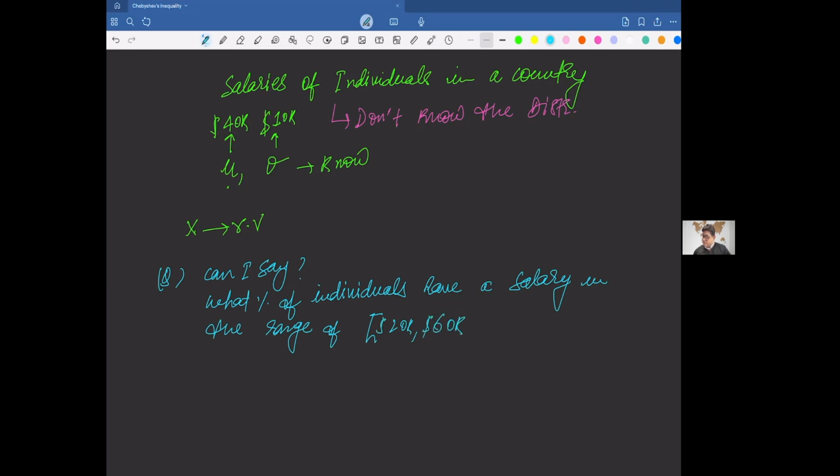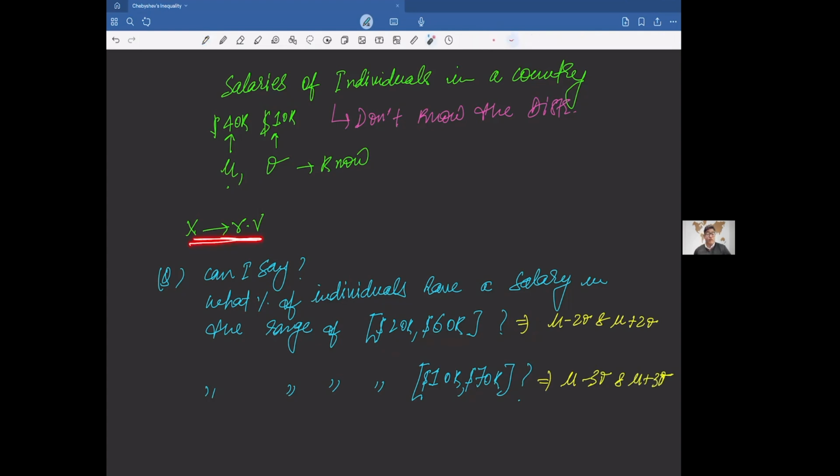Or can I say what percentage of individuals have a salary in the range of $10,000 and $70,000? This is my mu minus 2 sigma and mu plus 2 sigma. And this is my mu minus 3 sigma and mu plus 3 sigma.